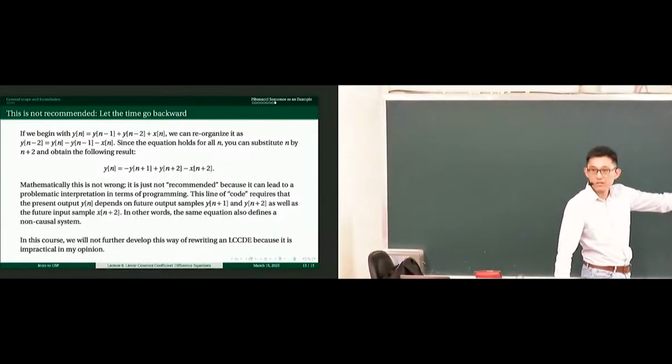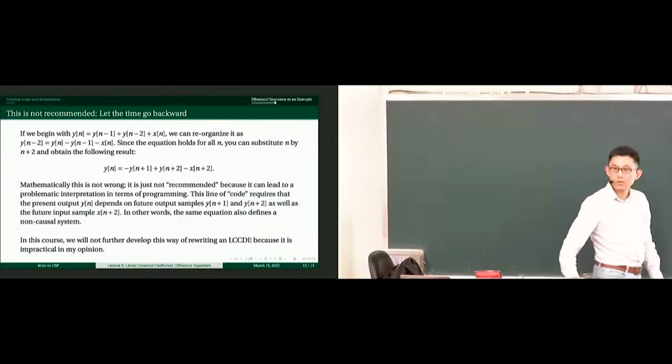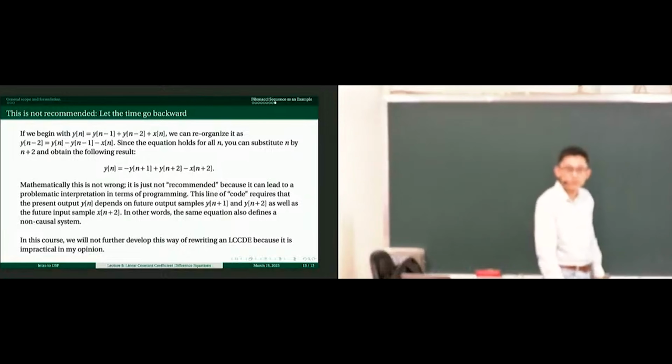You get this. Is everybody so far so good? Substitute n by n plus 2, the equation should still hold, right? n plus 2 is just another integer. But then we get this. I claim that this is equivalent to that. They look different, but they are equivalent. They're from the same equation.